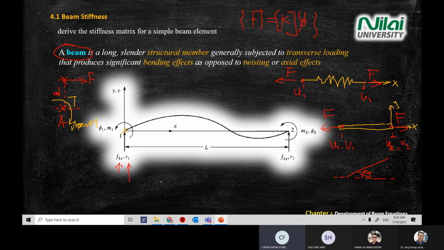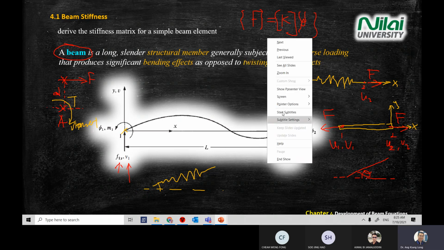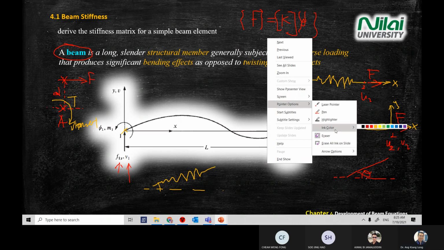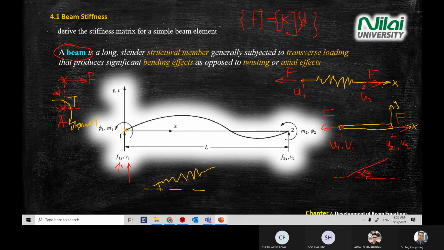Okay, all right. Now, if you have a spring at a slanted degree, and you are pulling at both ends, there's a force at both ends, at angle theta.